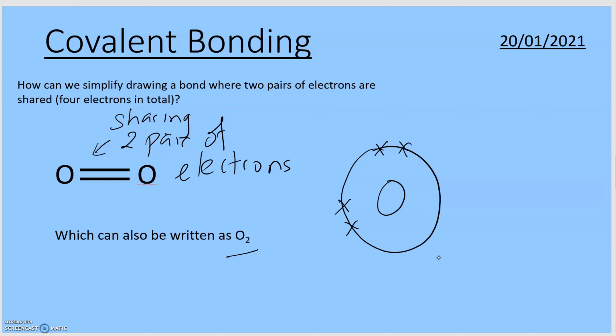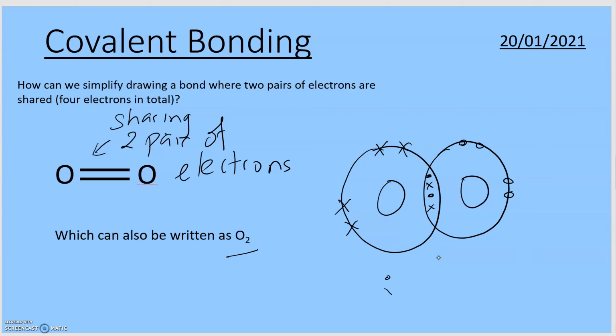If I draw the other oxygen, 1, 2, 3, 4, 5, and 6. Now if you start counting, the first one has 1, 2, 3, 4, 5, 6, 7, and 8. And on this side, you go 1 to 8. So both of them have now got 8 electrons in the outer shell.